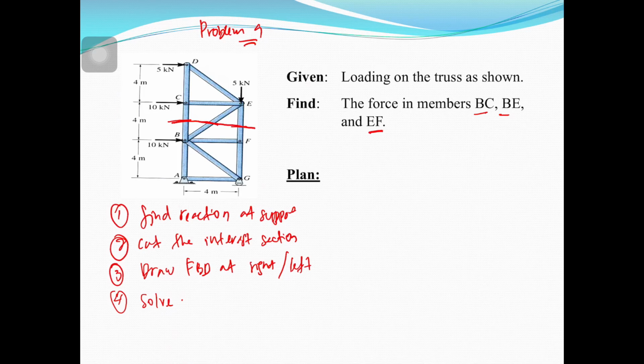If they ask you to find FG, BG, and AG, you also can cut like this. It's not necessarily straight. You can also have a curve to cut the section.